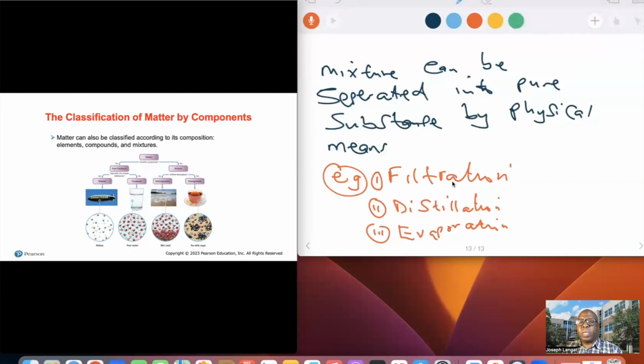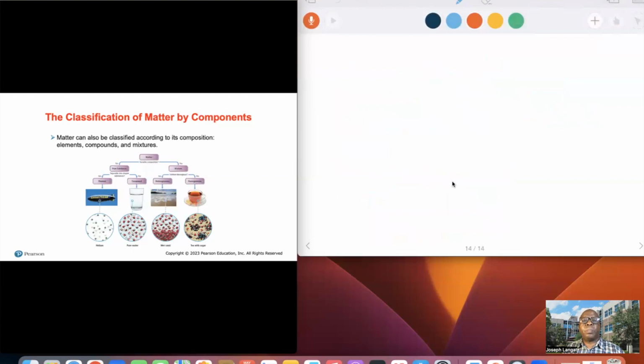I don't want to get into details. Those are techniques you need to understand. I'll share YouTube videos on these techniques so that you understand; it will be handy in the lab. So these are physical means by which mixtures can be separated into pure substances.